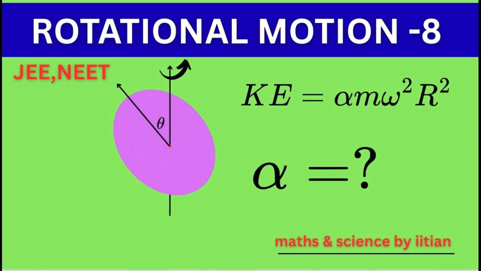Today, in rotational motion, 8th lecture, I have come up with a good example for the application of the kinetic energy equation, which was initially derived by us as kinetic energy is equal to half I omega square.